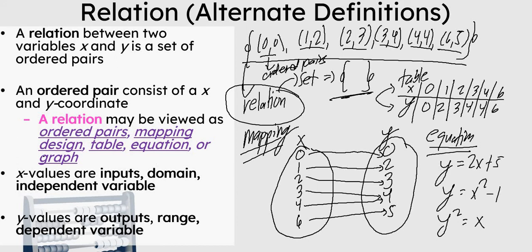And we have also seen just a while ago graphs that represent relations. So these are all relations. It just means that the x and y values are paired in a specific relationship. Hence, the mathematical term that we shall use is relation.